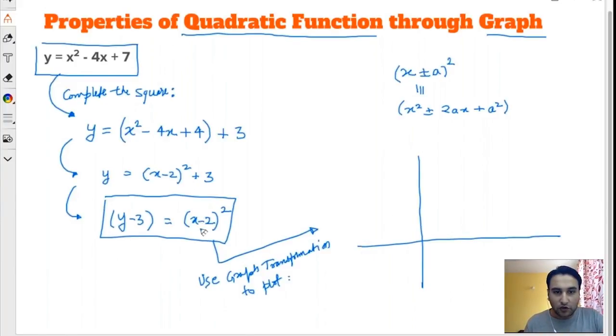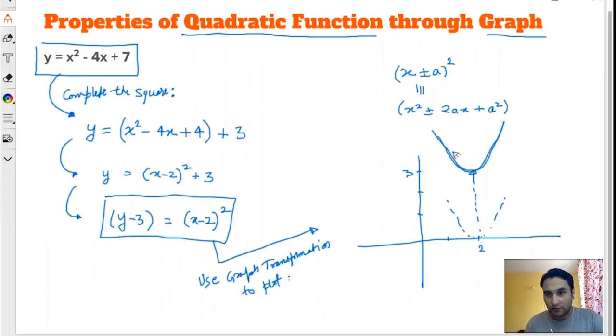Because of x minus 2, what will happen? The graph will be shifted towards, सबसे पहले ग्राफ 2 पे शिफ्ट हुआ. It is shifting towards at 2. Now because of y minus 3, it will shift up by 3. And this is your graph.